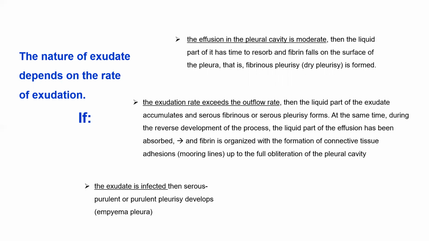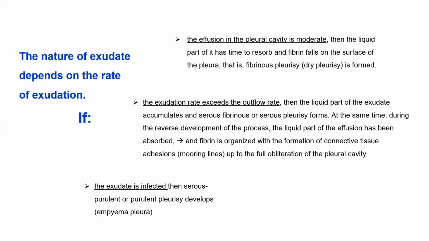In another clinical case, the exudation rate exceeds the outflow rate, then the liquid part of the exudate accumulates and serous fibrinous or serous pleuritis forms. At the same time, during the reverse development of the process, the liquid part of the effusion is absorbed, and fibrin is organized with the formation of connective tissue adhesions.